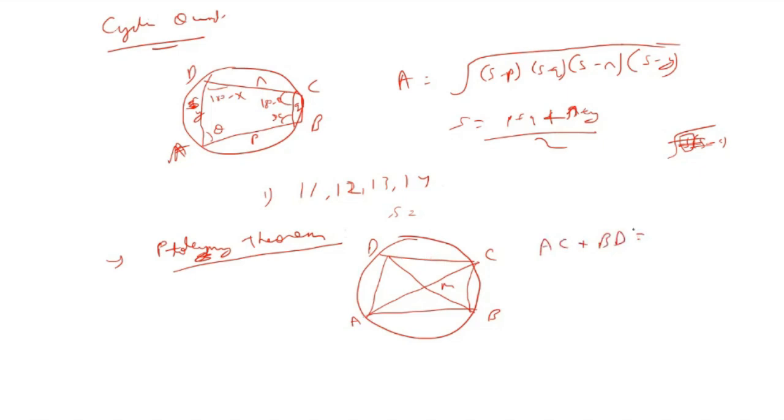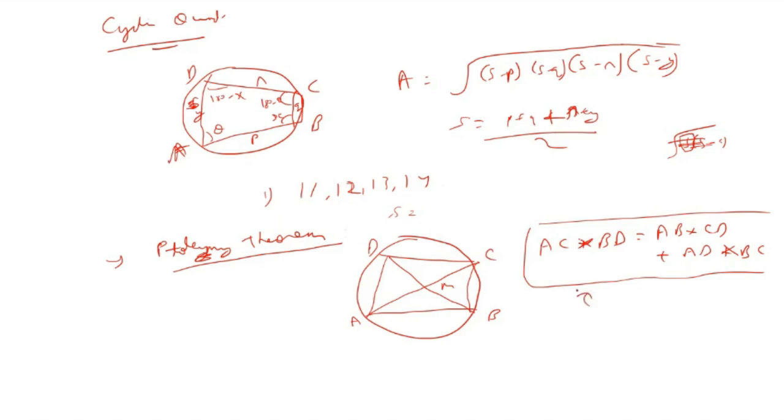So it will be AB into CD plus AD into BC. You take the product of opposite sides, you add them up, and you get the product of the diagonals. This is Ptolemy's theorem. This is the part that people would typically know.